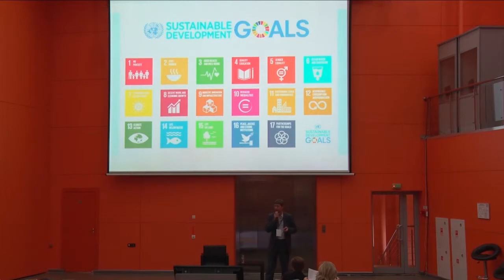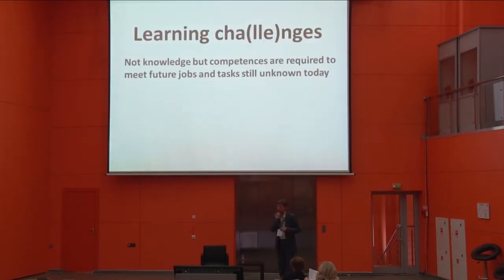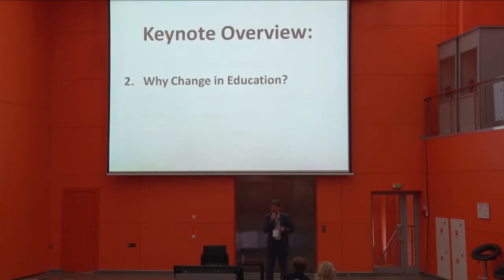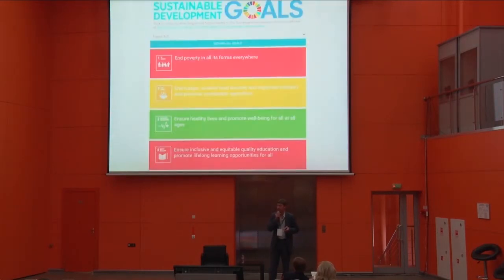For that reason, UNESCO has established, together with the United Nations, the Sustainable Development Goals. And you can see here the overview of the 17 Sustainable Development Goals as approved by the United Nations. And among the top 4, you can see that there is also education.